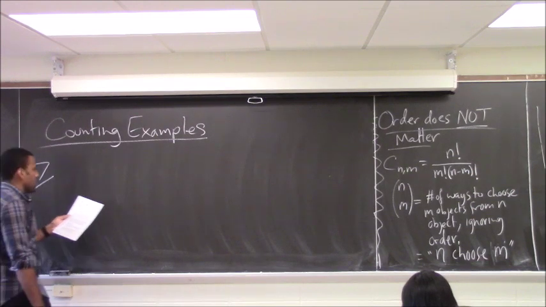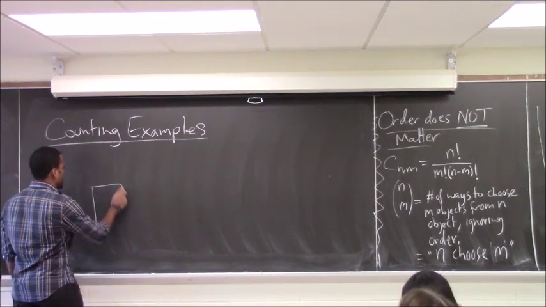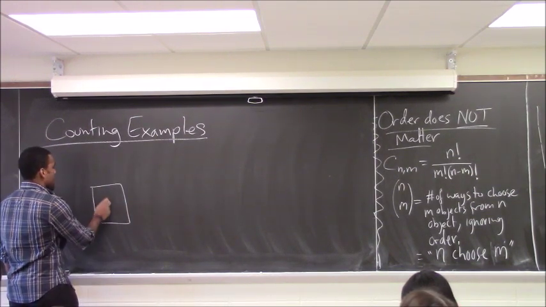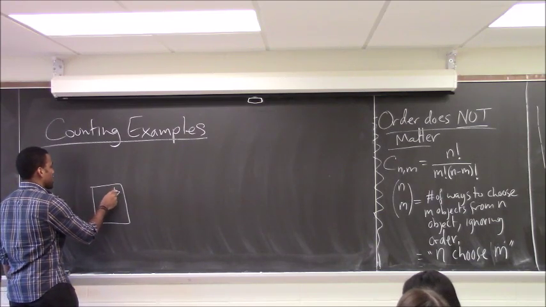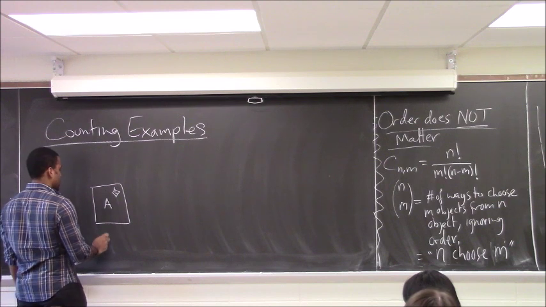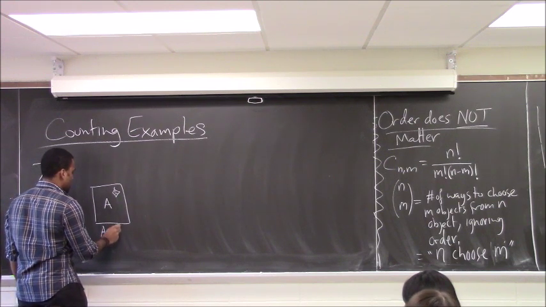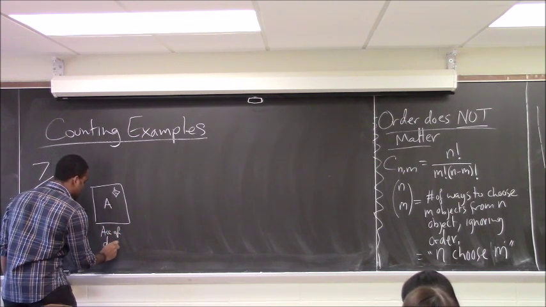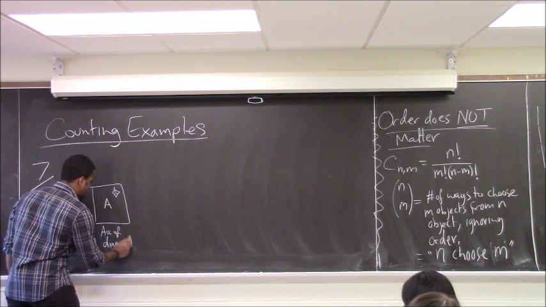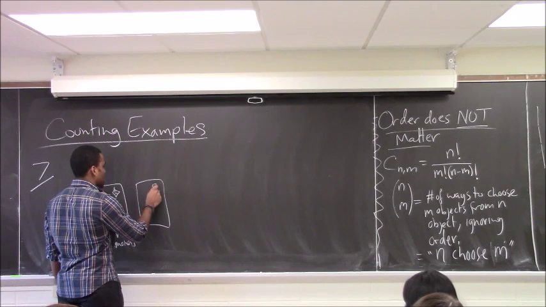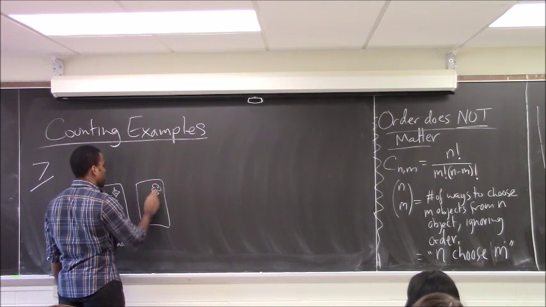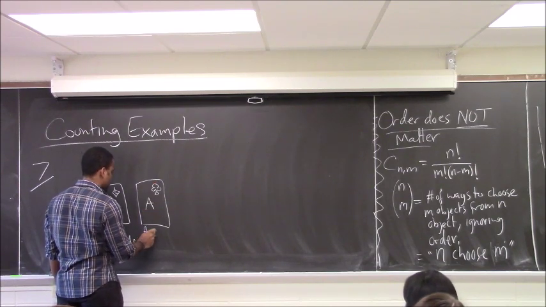So you can have something like an ace, where there's an A, and you can have an ace of diamonds. And you can look like that. So this is ace of diamonds. Or you can have the ace of, looks like a little clover, it's called the ace of clubs.